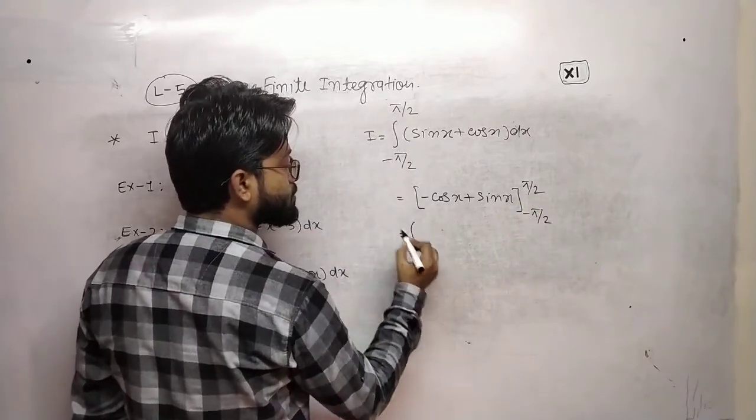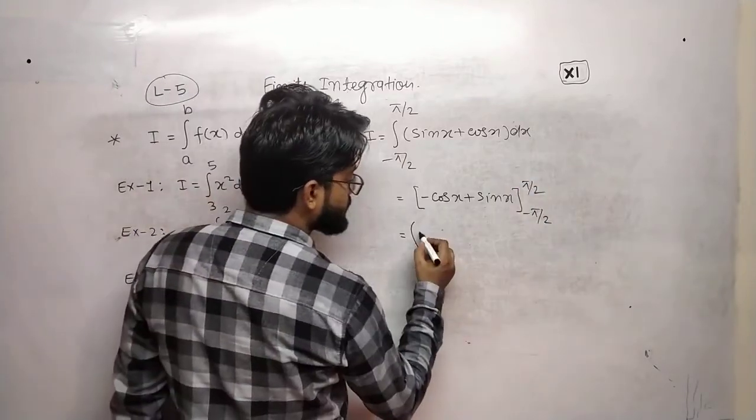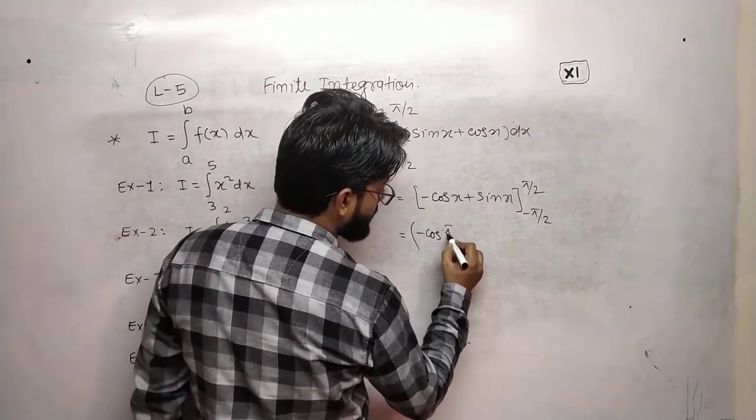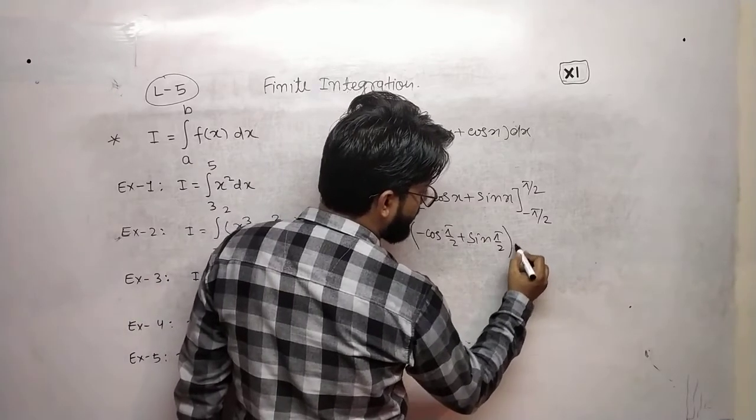Put the values in the first bracket, put the upper limit, that is minus cos pi by 2 plus sin pi by 2.